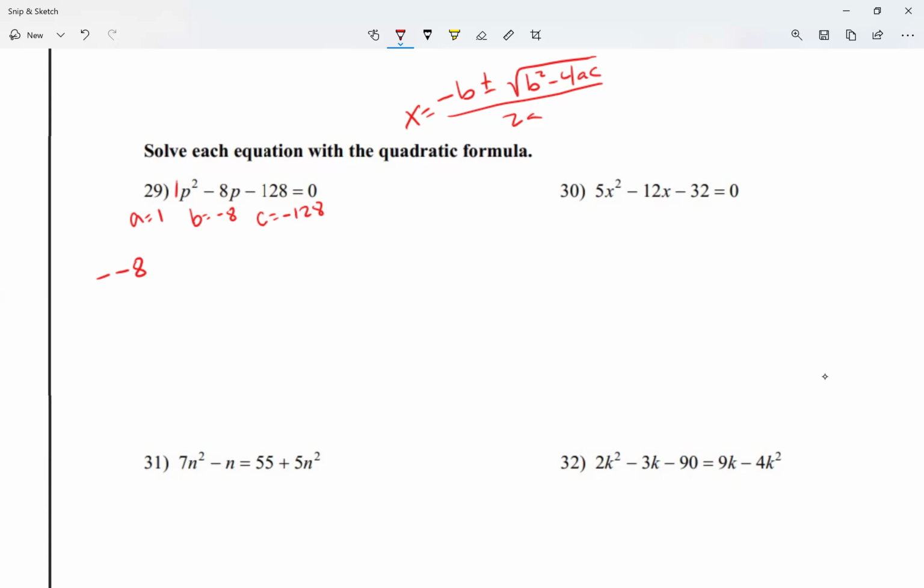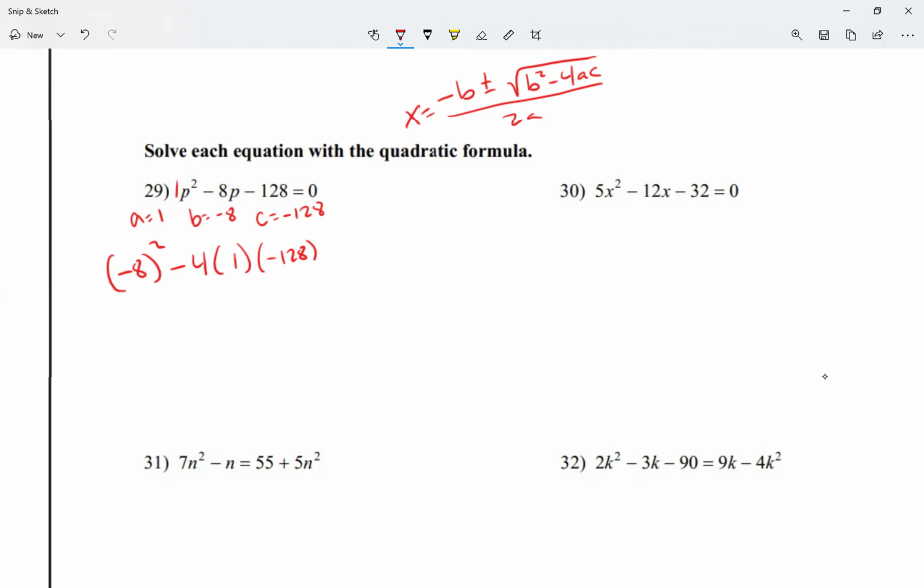B squared is negative 8 squared, minus 4 times 1 times negative 128. Remember, we're looking at b squared minus 4ac.